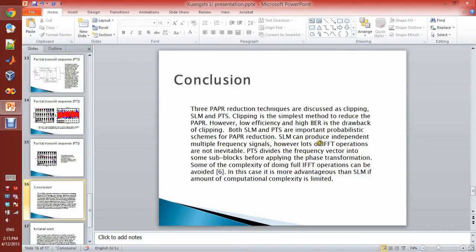However, lots of IFFT operations are required. PTS divides the frequency vector into some sub-blocks before applying the phase transformation, so some of the complexity of doing full IFFT operations can be avoided. In this case, it is more advantageous than SLM if the computational complexity is limited.